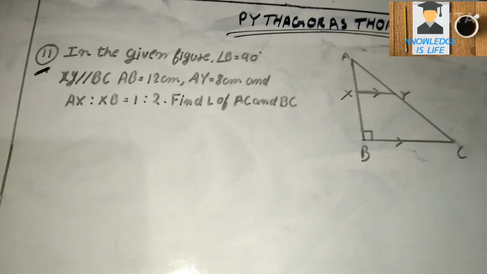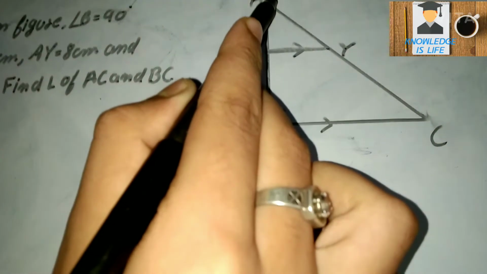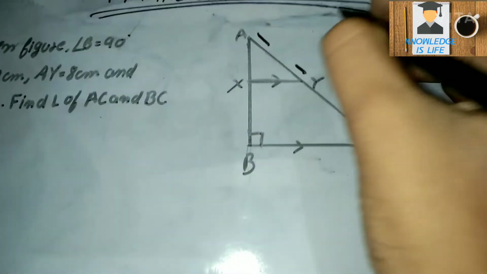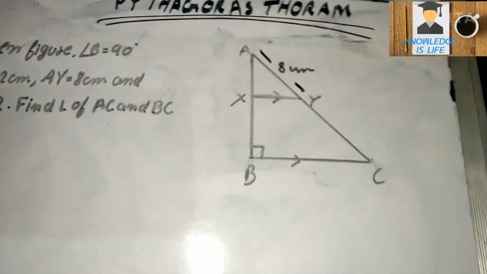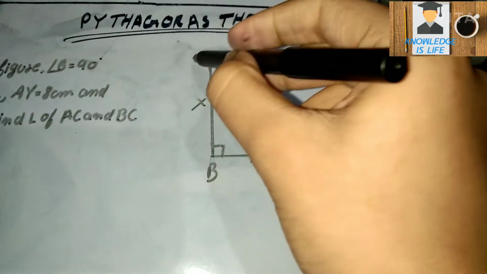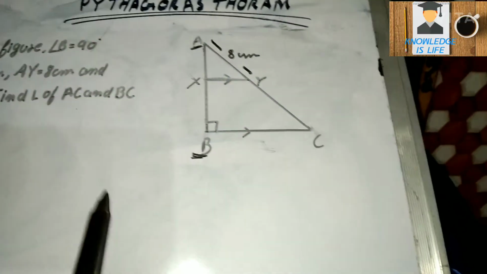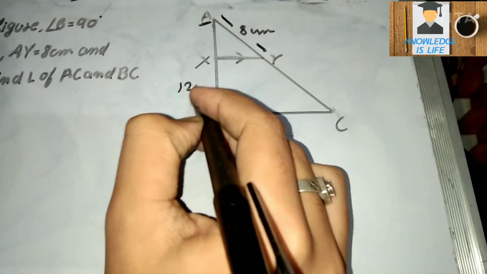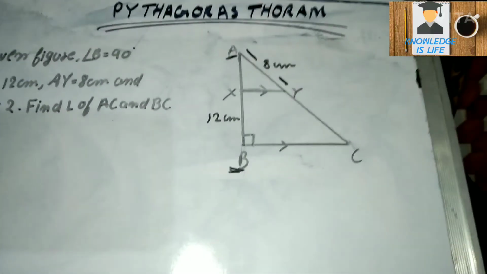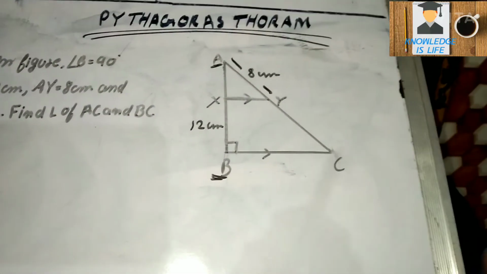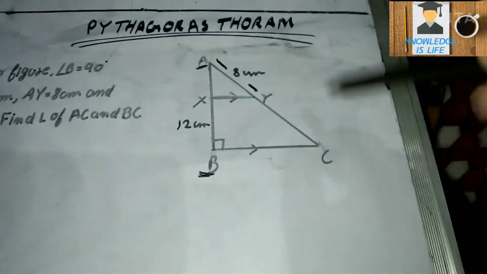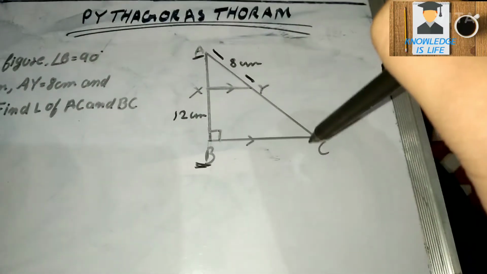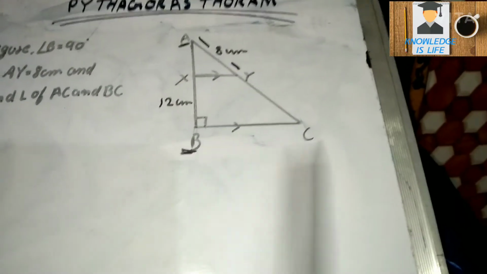So according to the question, this line is 8 centimeters, and this whole line from A to B is 12 centimeters, and we have to find the length of the whole AC, and BC.